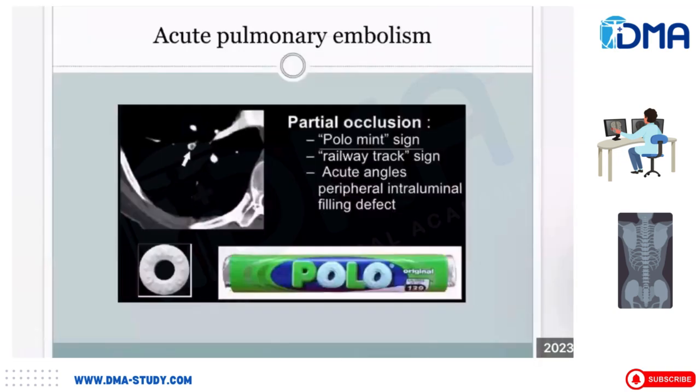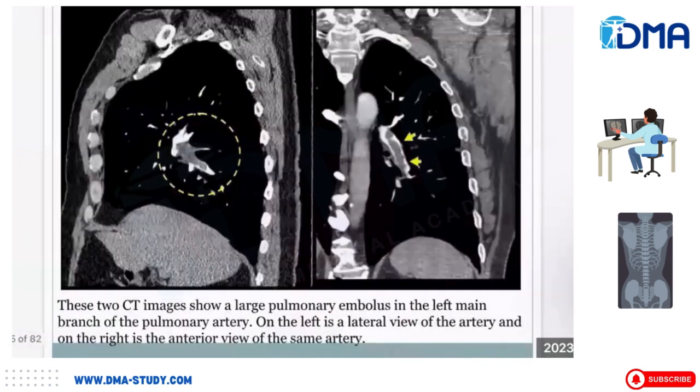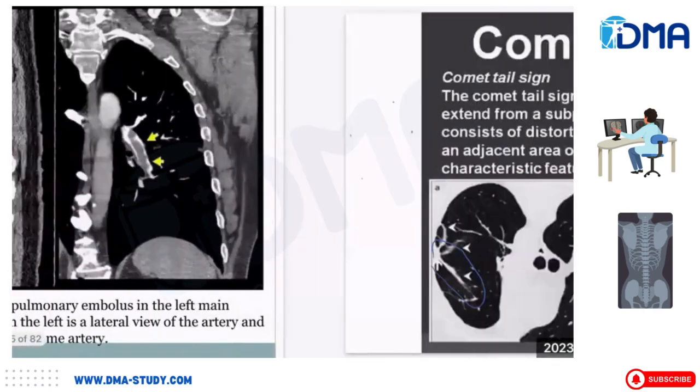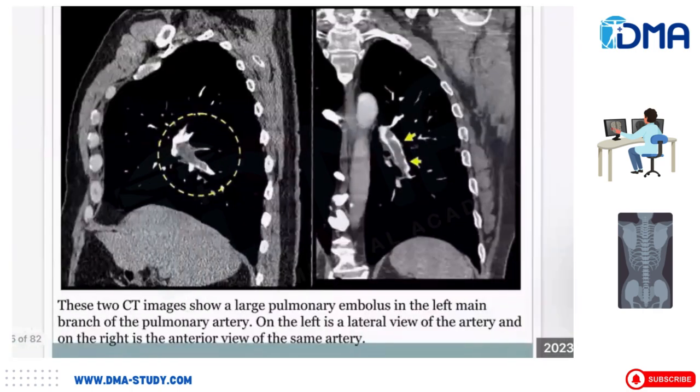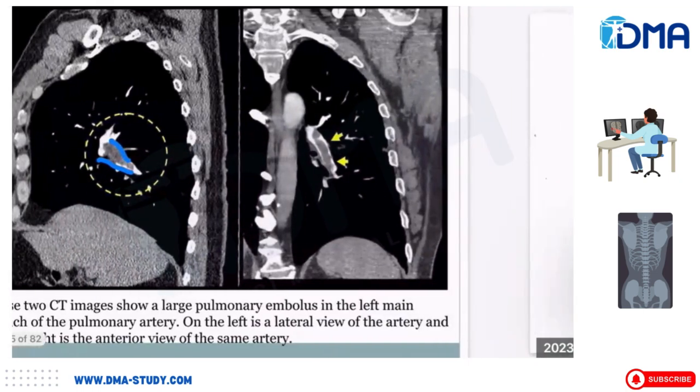Then, if there is an acute pulmonary embolism but partial occlusion, then it will give this polo mint sign or a crescent sign. If there is a partial embolism, the outside part might be empty and inside around it might be occupied by the thrombus. So this is regarding the thromboembolism.